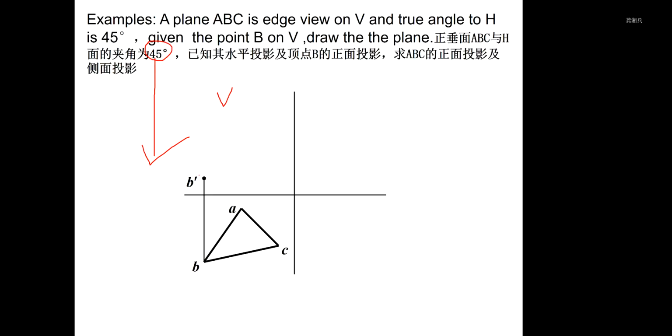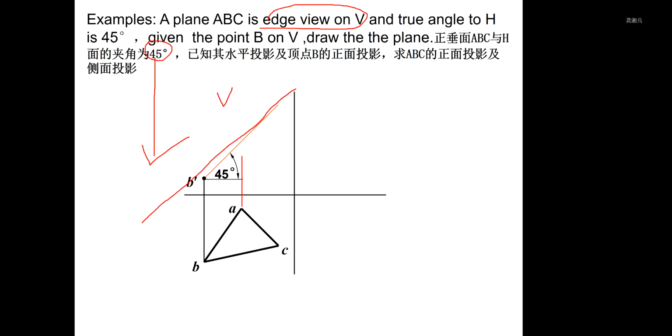Okay, go ahead. This one is the edge view of the plane, so we should know that on the V view it should be accumulated to one line, and in this direction this angle should be 45. So all the projections or points on this plane should be on this direction.